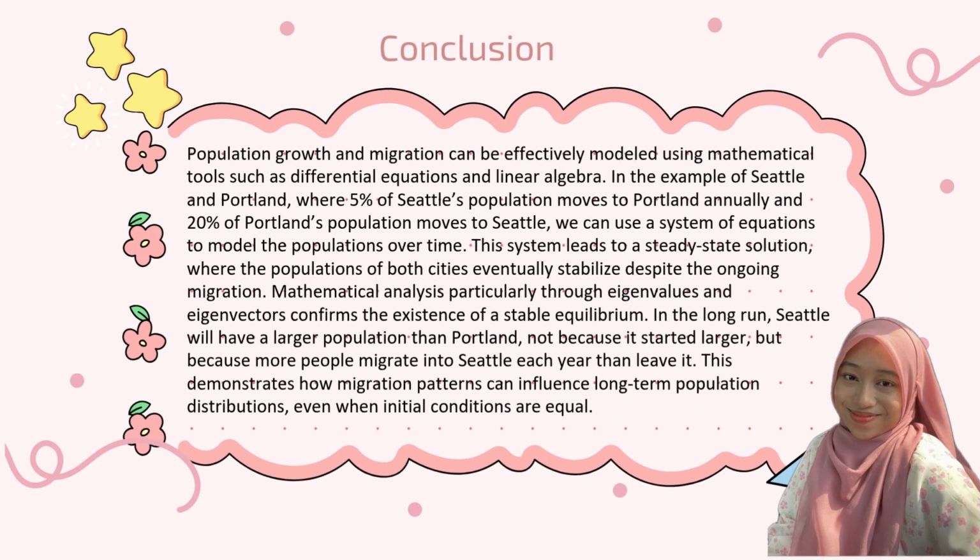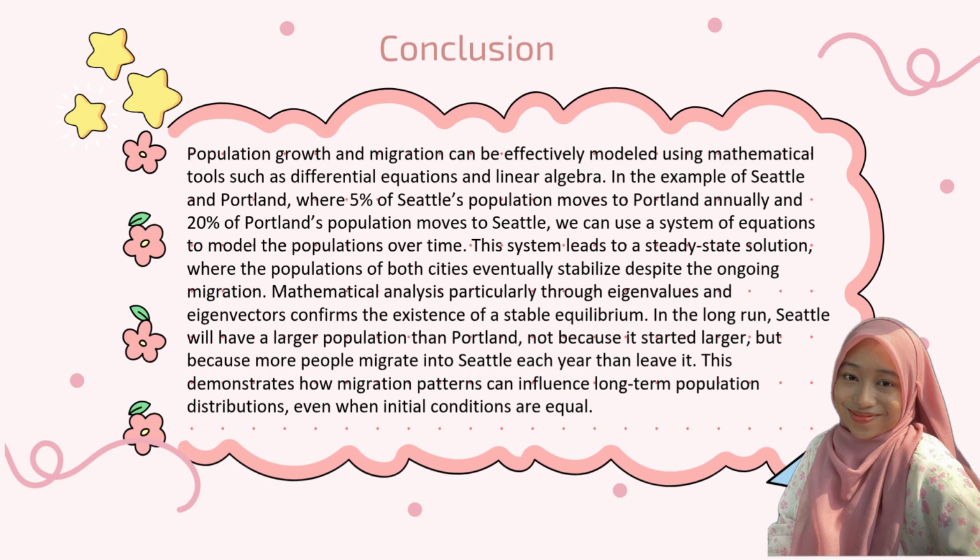For conclusion, population growth and migration can be effectively modeled using mathematical tools like differential equations and linear algebra. For example, let's consider the cities of Seattle and Portland. Each year, 5% of Seattle's population moves to Portland, while 20% of Portland's population moves to Seattle.